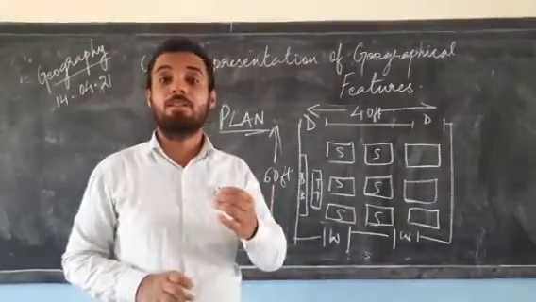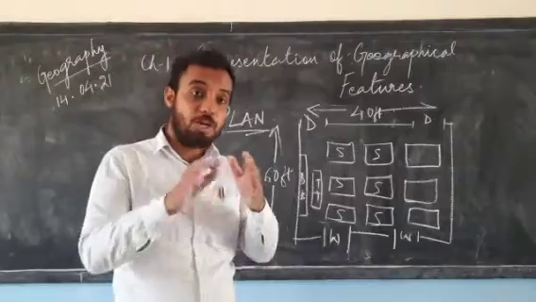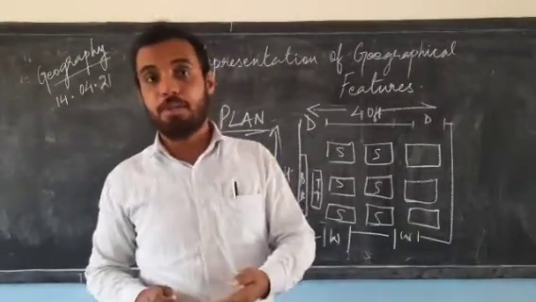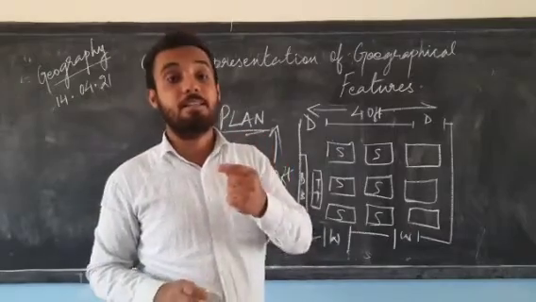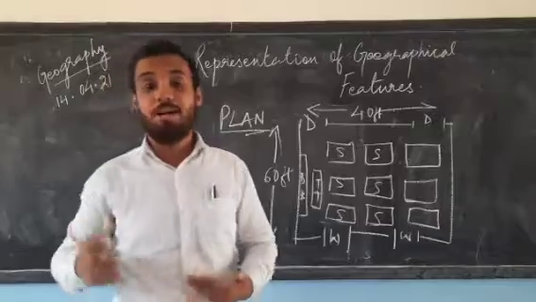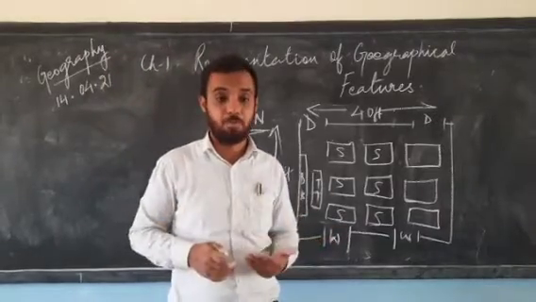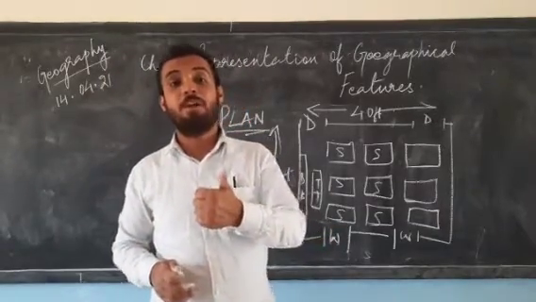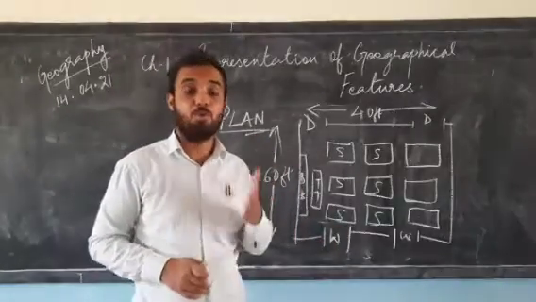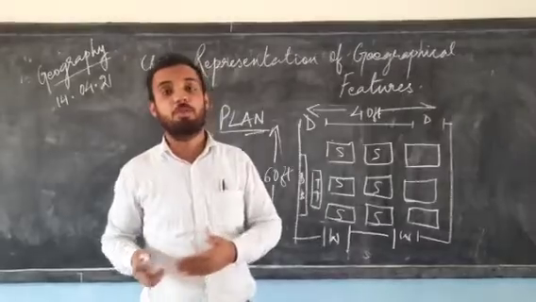Now the difference between a sketch and a plan is that they both are drawings, but a sketch helps us reach a particular place, whereas a plan is helpful for construction of a room, classroom, school, building, apartments. Plans provide us measurements, whereas sketches provide us with the route and the direction to reach a particular place.